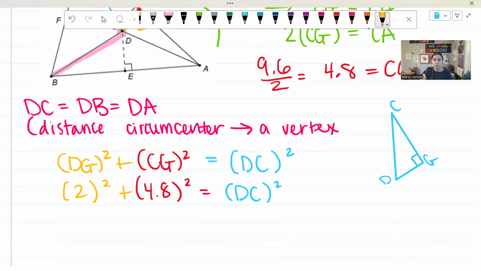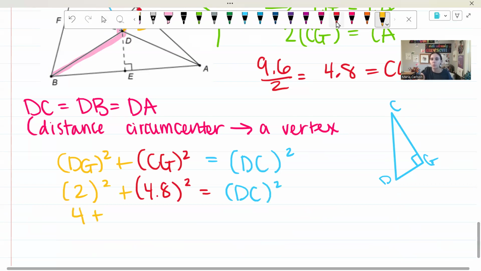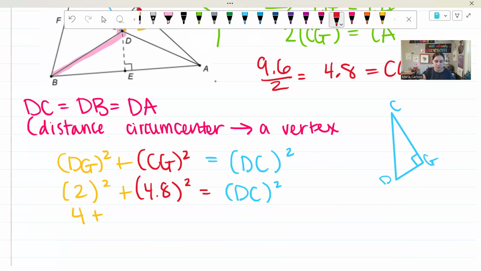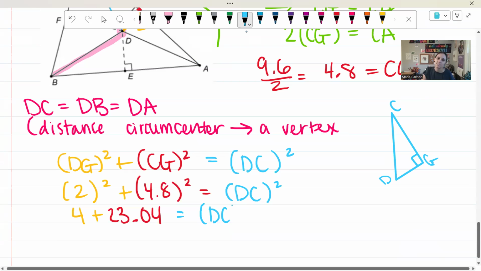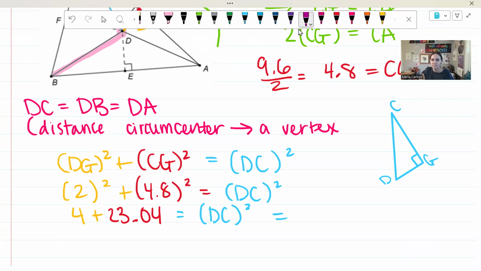Now 2 squared, that's 4, plus 4.8 squared is 23.04. So DC squared is equal to 27.04. So I can take the square root, right?